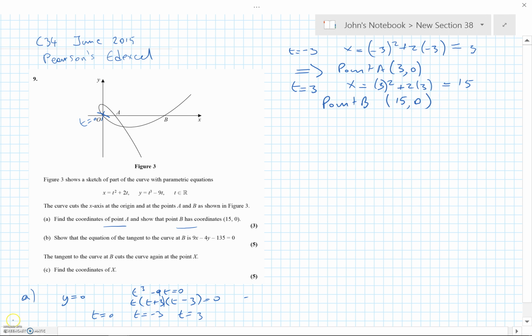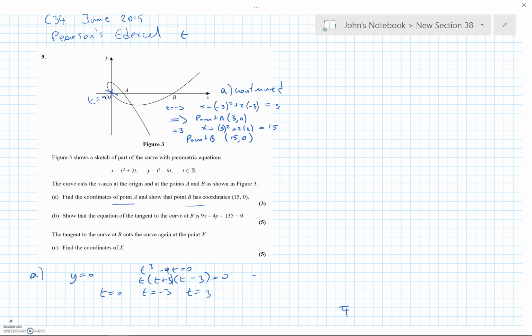Let's make a bit of space here so I can get on with it. I'm going to need it. Okay, part b is to find the equation of the tangent at B. So basically the equation of this line here. Now we've already got the point at B that we just found.